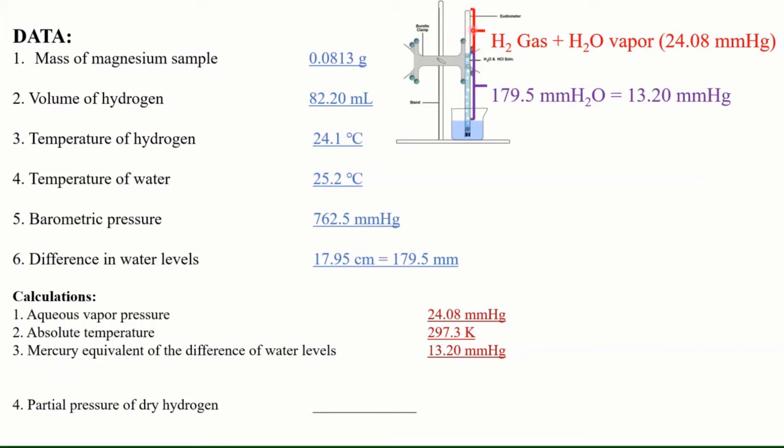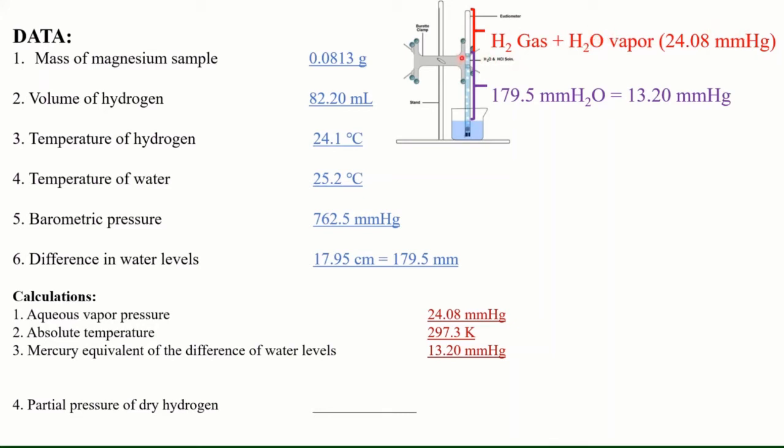This hydrogen gas was also collected over water, so it was wet. It had some water vapor pressure inside that we calculated in line 1 of the calculation, the aqueous vapor pressure according to the temperature of water. This aqueous vapor pressure is 24.08 millimeters of mercury.